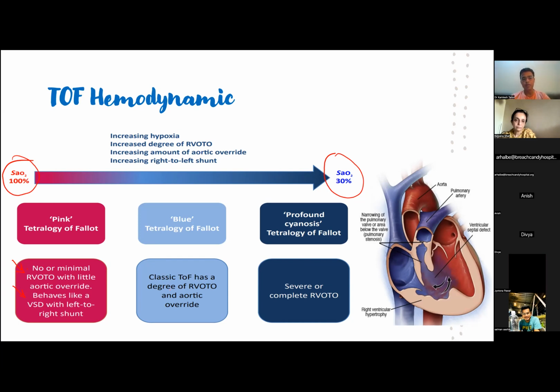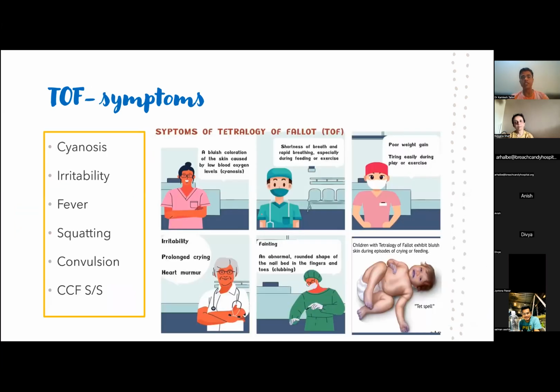Then the mid segment is blue TOF, the classic TOF, where the degree of RVOT obstruction and override determines the saturation of this baby, and profound tetralogy, where severe RVOTO will be there and the saturation will be very low. So these are the three variants of tetralogy which will present to physicians or cardiologists.